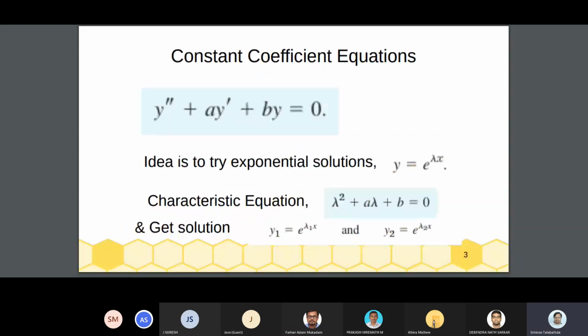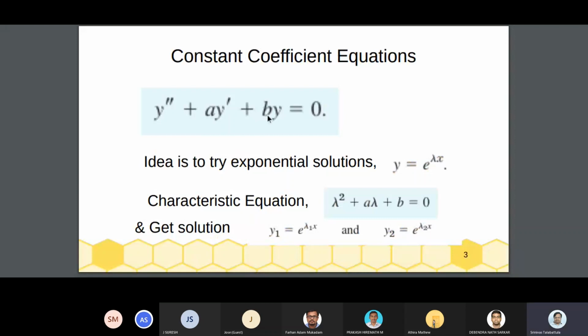So now get back to some more simplification. Differential equations with constant coefficients. So this is a slightly generic form. I have put the coefficient of y double dash as 1 because you can always divide, assuming all the conditions like dividing by 0 is not allowed and so on. You have two arbitrary constants here.